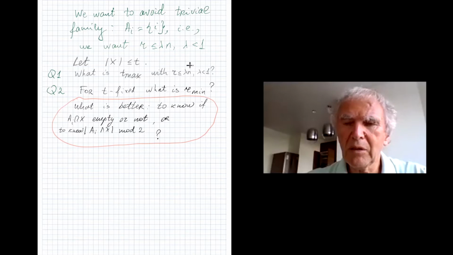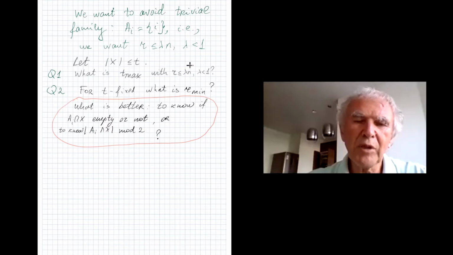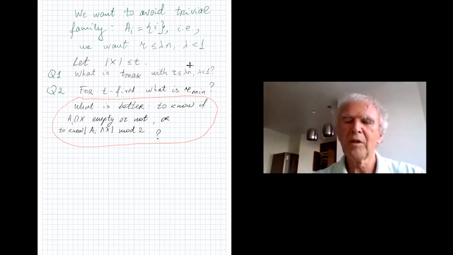And the second, also natural question is: if the cardinality of our set is upper bounded by some constant, then how does the minimum number of questions or tests behave? And so that's what I said. What is better? To know if the intersection is empty or not, or to know the cardinality of this intersection modulo 2? In both cases, we have only one bit, but what is better?